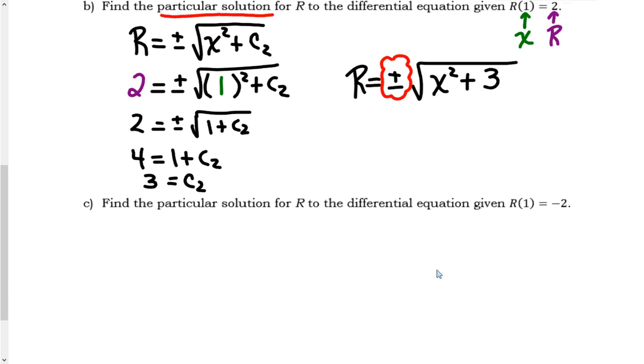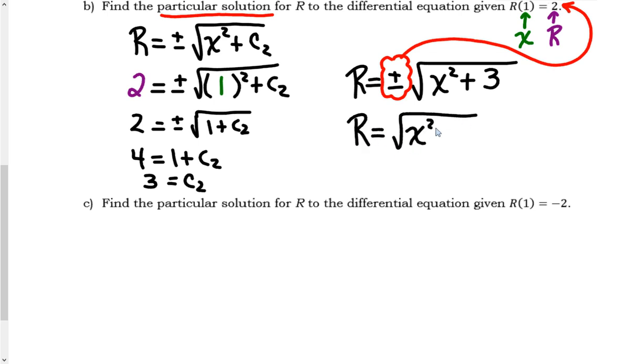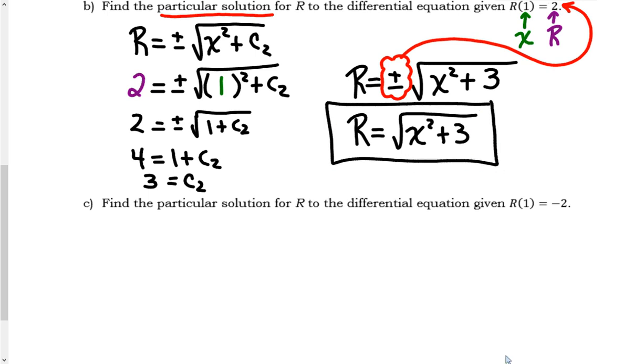I need to be very careful. And now I need to look over here at this r right here. Is this r positive or is this r negative? And that tells me what the sign has to be. That r right there is a positive thing, so my particular solution is the square root of x squared plus 3. Okay, we must identify whether it's the positive or the negative. Again, any questions, bring them to your teacher.